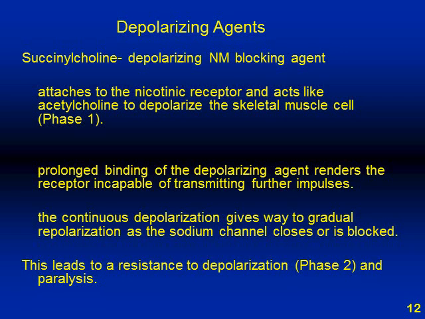Some people call that phase 2 of the desensitization. We don't have to focus on the phases of desensitization here, but rather just understand that a depolarizing agent is one that first depolarizes the skeletal muscle cell and then paralyzes it because of the nicotinic muscle type receptor becoming desensitized through the process of depolarizing block or depolarizing blockade.